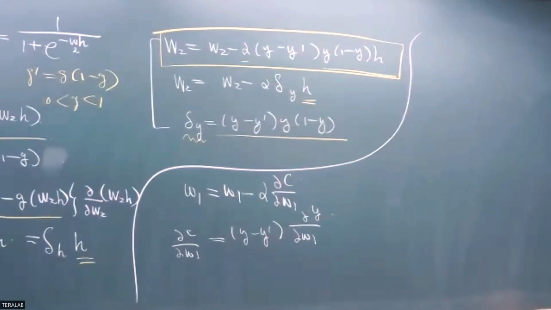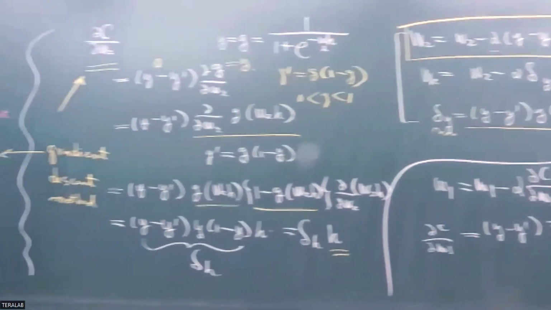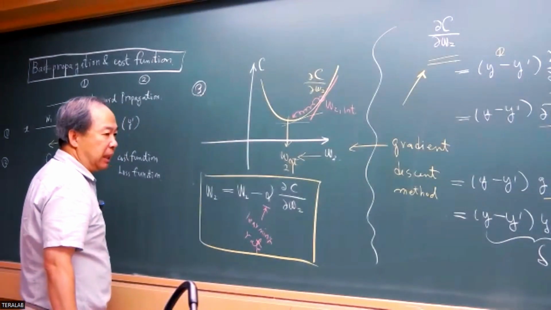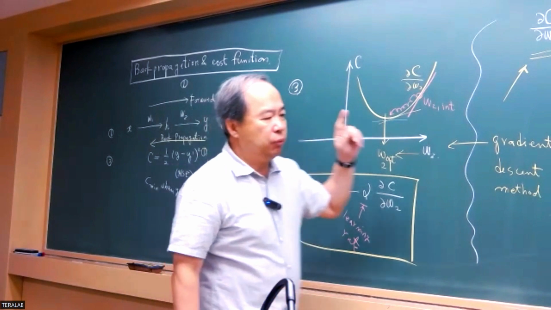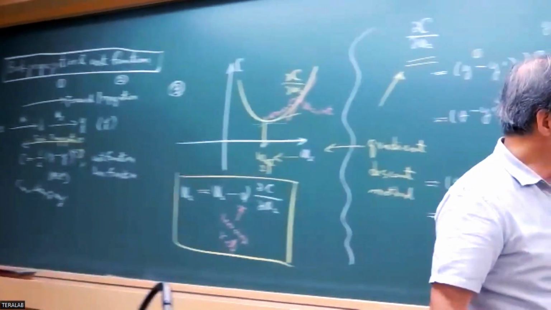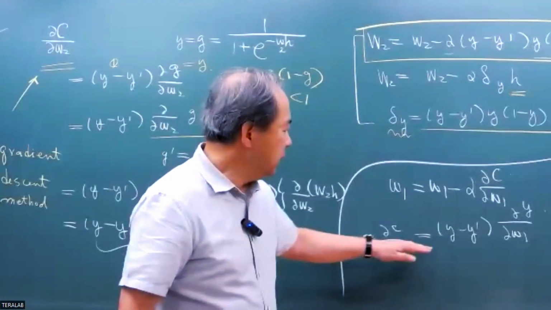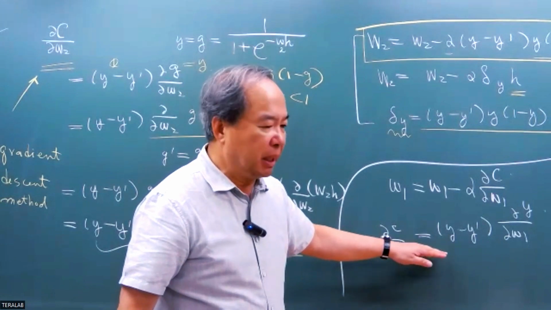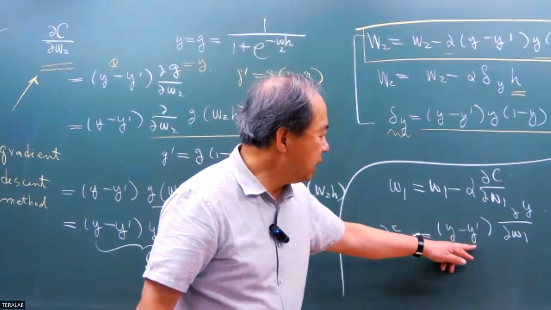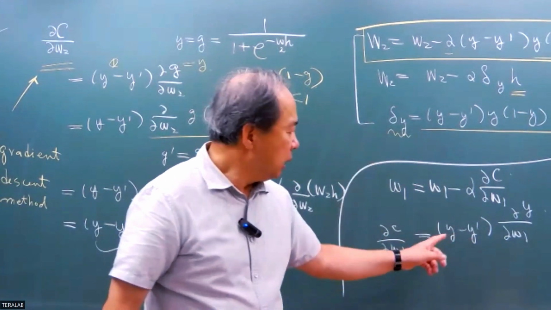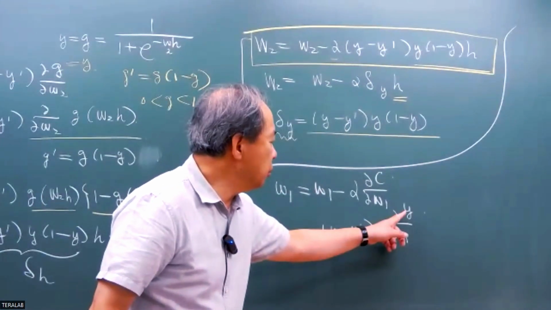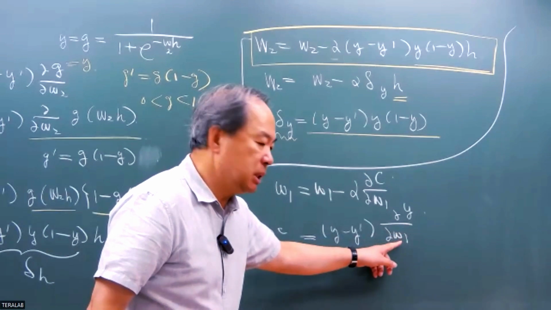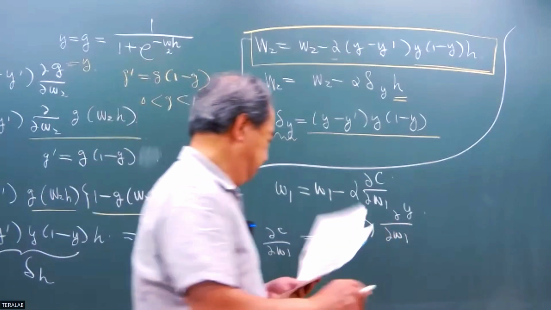And y dash is constant because that is the real number. Y is the actual output that is depending on W1. That's why the derivative of the cost function with respect to W1 is expressed by this equation, y minus y dash. That is the difference between your output and the real number, and the slope of your output with respect to W1.